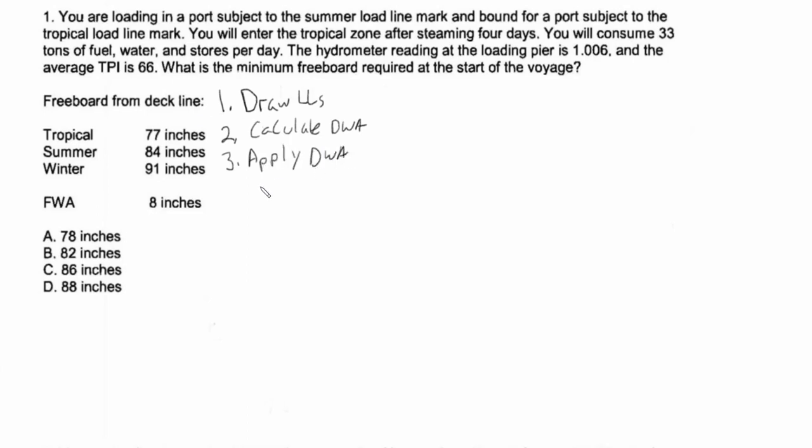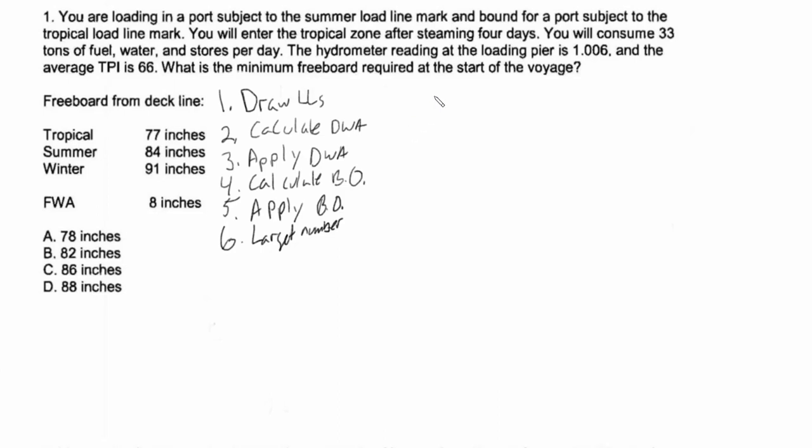Then we're going to calculate our burn off, and then apply the burn off. And then we're going to make our choice, which is going to be the most restrictive freeboard, which is the largest number. Okay, and that'll make sense when we get to the end.